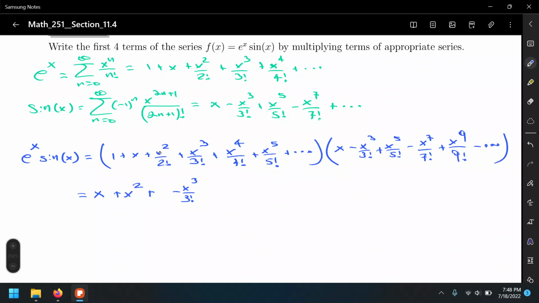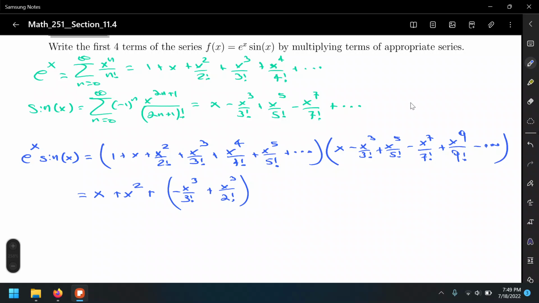But how about x squared over 2 factorial times x? That's x cubed over 2 factorial. Let me put this together in parentheses, and then I'm going to simplify that.